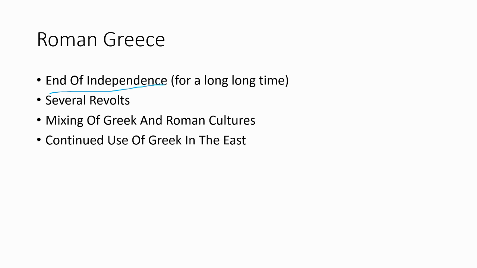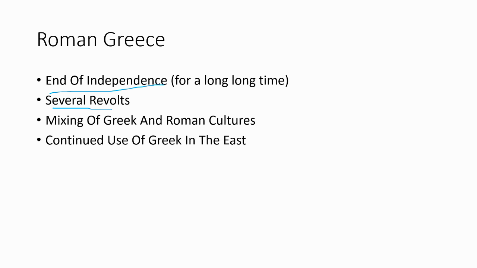Culturally, we consider it the Eastern Roman Empire, and then the Ottomans take them over. That lasts until the modern state of Greece. They are also taken over in World War II, unfortunately, by the Nazis, I believe.